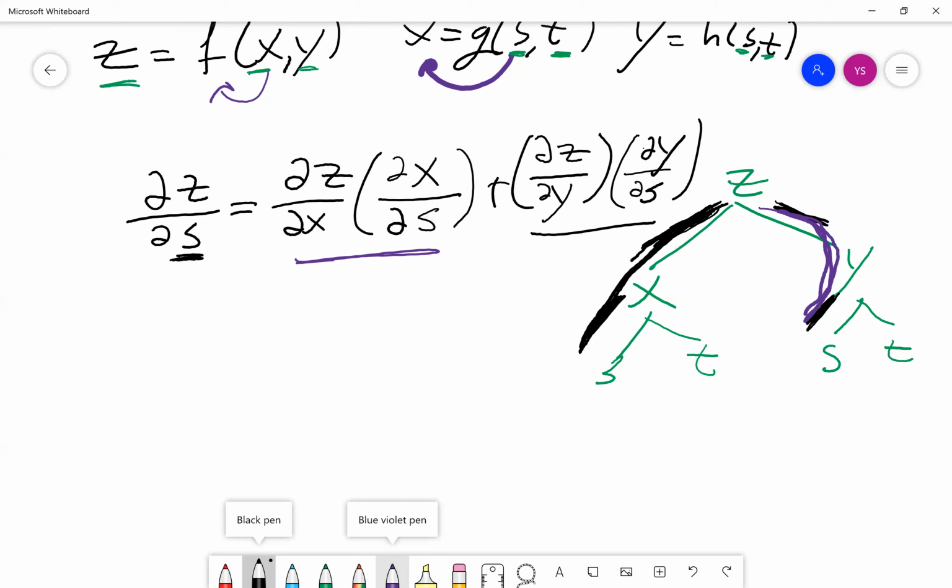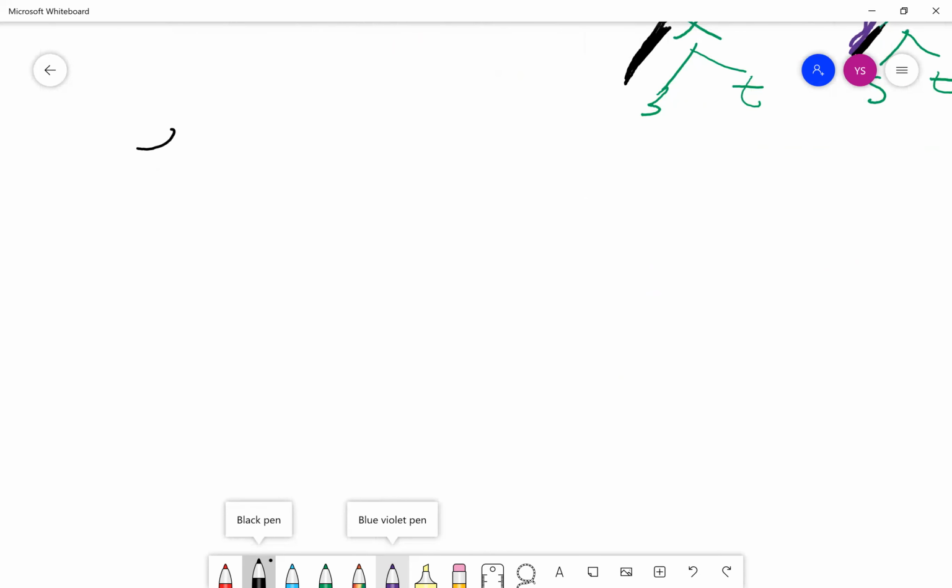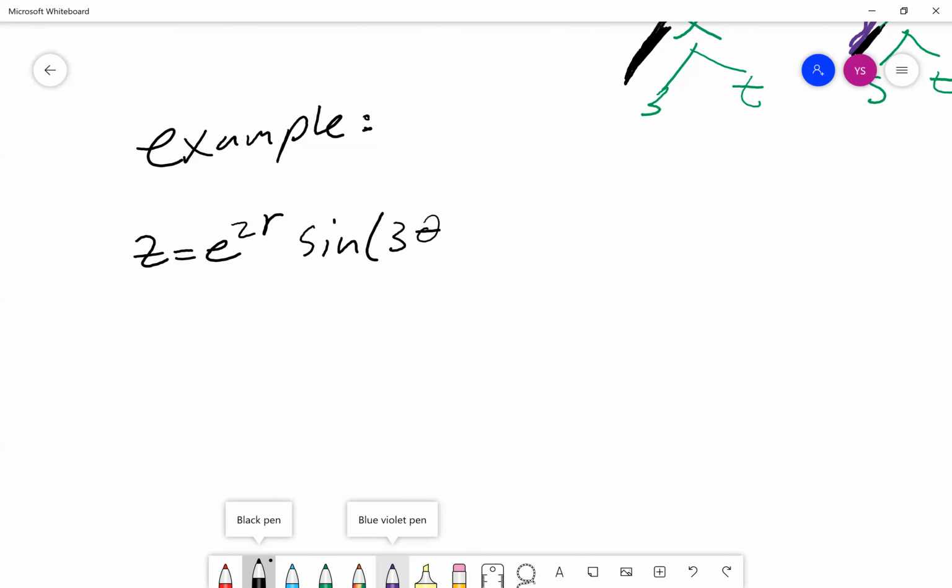Okay, so let's do an example. Let's say you're told that your z is equal to e^(2r) sine of 3 theta.